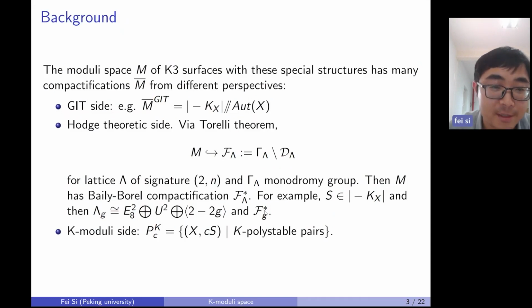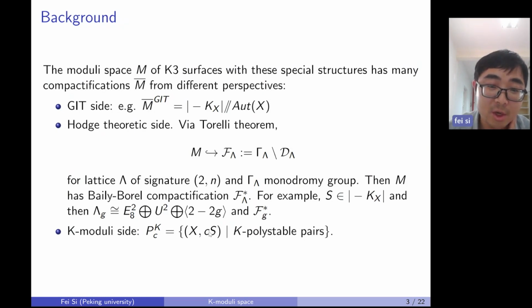Actually, we have another compactification. This is related to today's topic, that is the K-moduli side. This means that we can view this pair (X, S), where X is a Fano variety, or in our concrete example a Fano threefold, and S is an anti-canonical section in this Fano threefold.